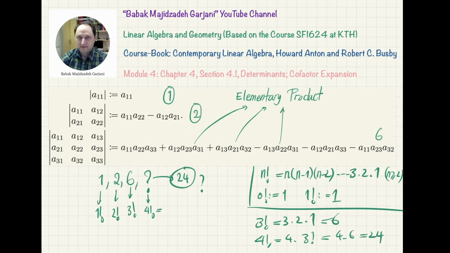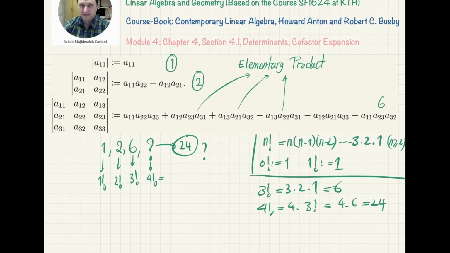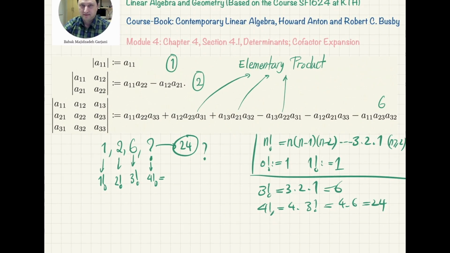Now look. Every elementary product contains exactly 1 entry from each row of the determinant, and exactly 1 entry from each column. To see this clearly, consider, for example, the case of a 3 by 3 determinant.